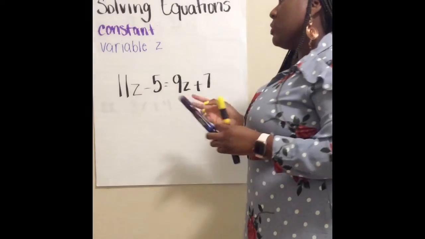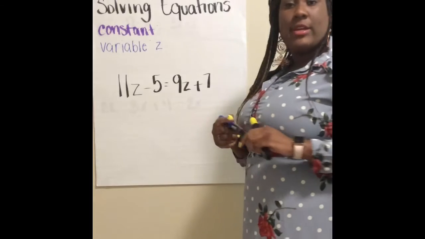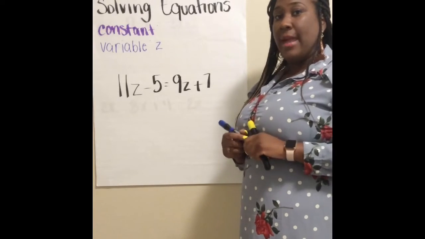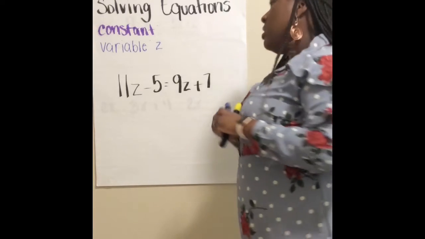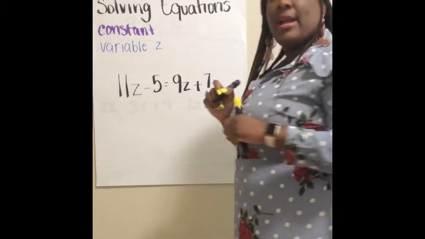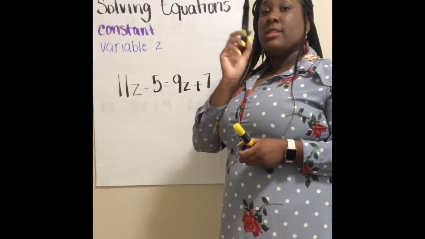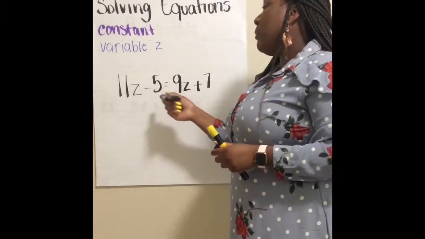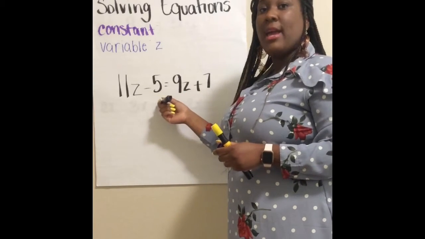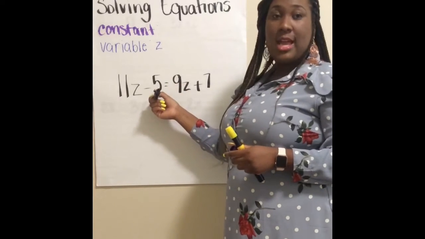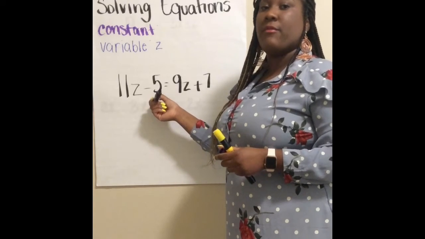So the easiest way to do that is we first need to group what we have that are like. So combine like terms. We're going to combine our constants. I'm going to take my purple marker and box my constant, and I'm going to take the sign that's in front of it if it has a sign in front.